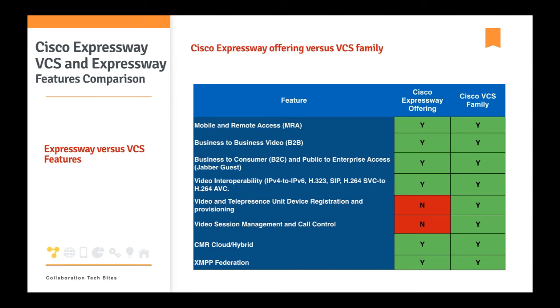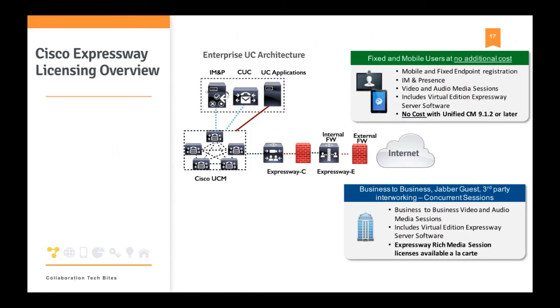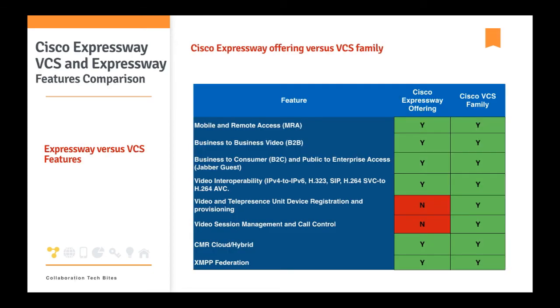CMR cloud or hybrid between the cloud and the on-premises is allowed in both. Let's put a hint here on CMR cloud and hybrid. In the Expressway offering, you need, however, an MCU within the enterprise to allow for video mixing as well.